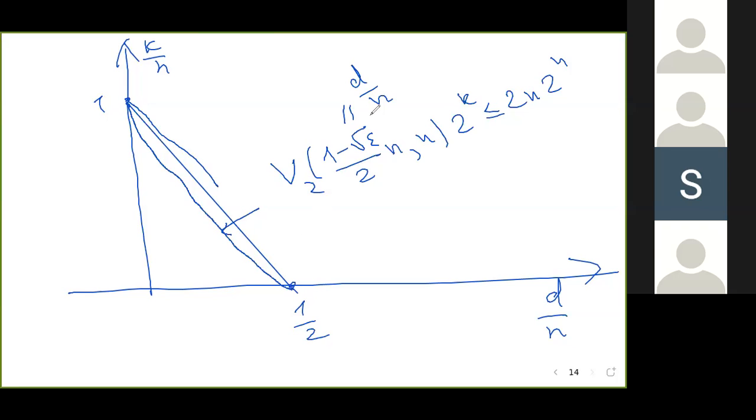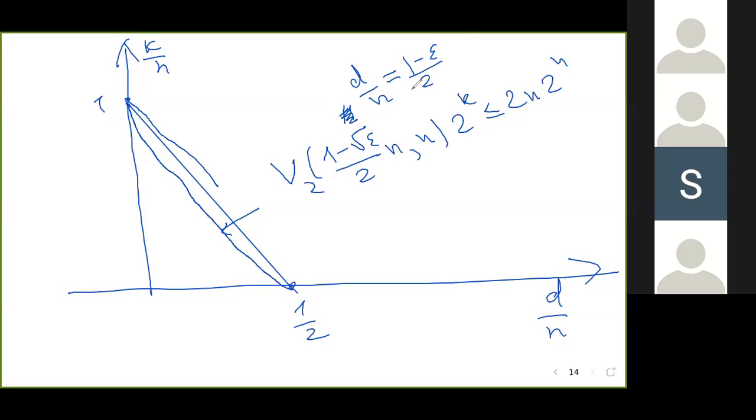So more specifically, we need to find epsilon from d over n. This will be some quadratic expression, and then we substitute that quadratic expression here. I'm sorry, d over n is 1 minus epsilon over 2.